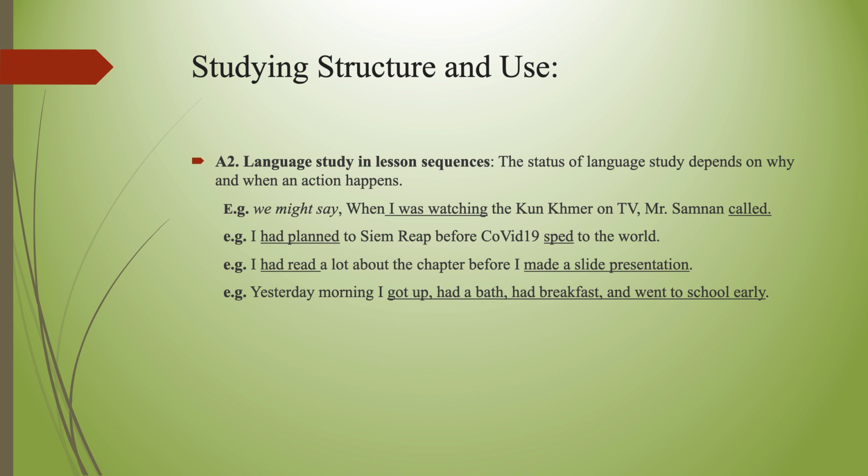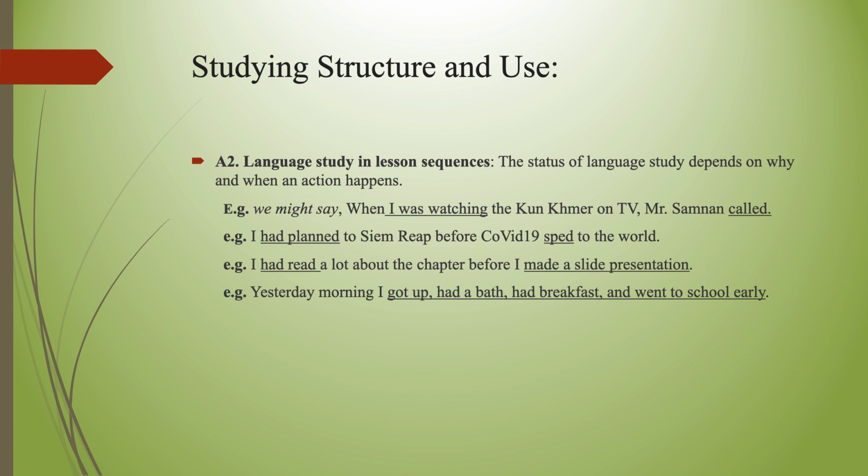Here we have was watching, past continuous, and called. I underline these words here, was watching. So here watching happened first, meaning it was happening in a period of time, and then called means Mr. Samnan called to interrupt me while I was watching.